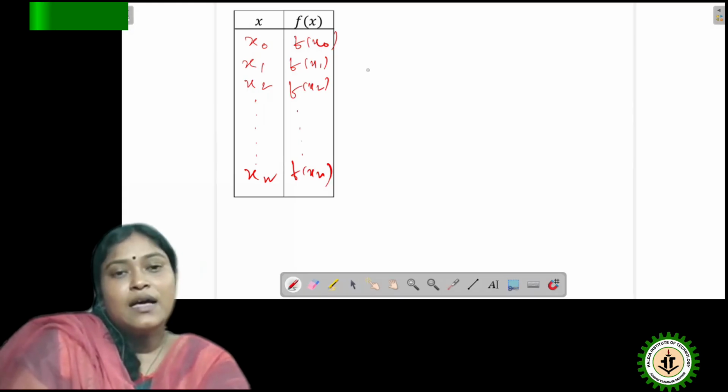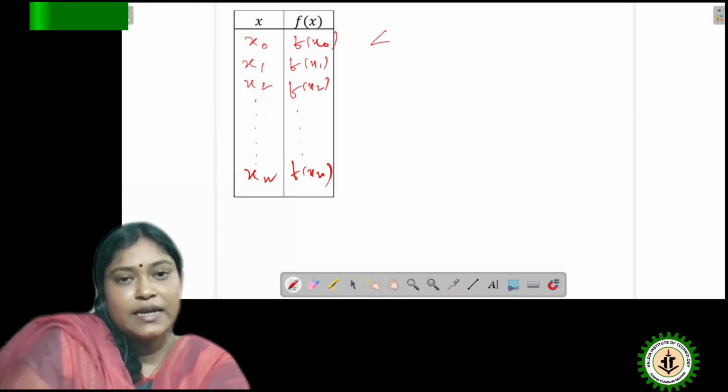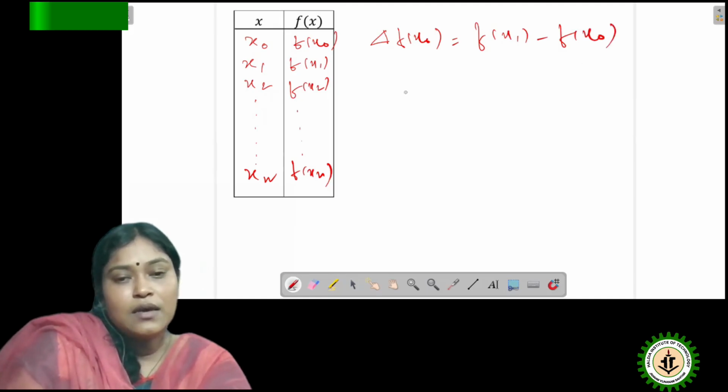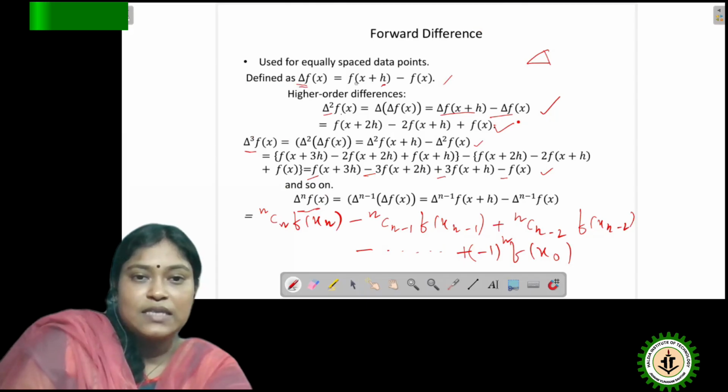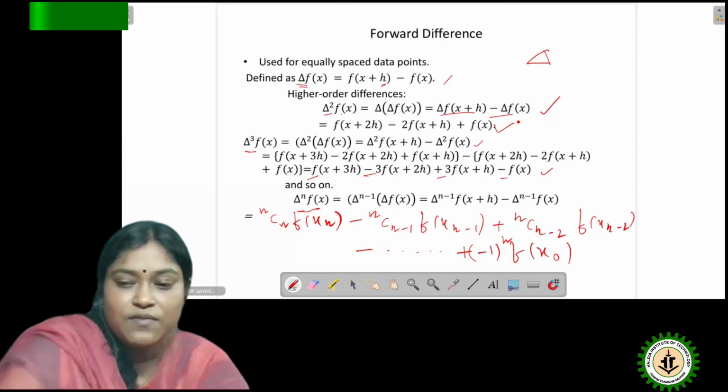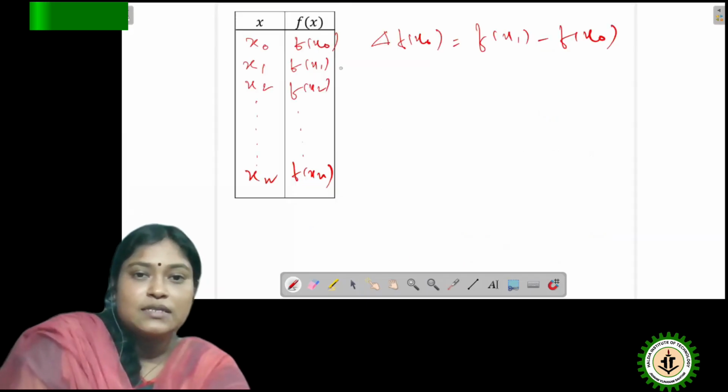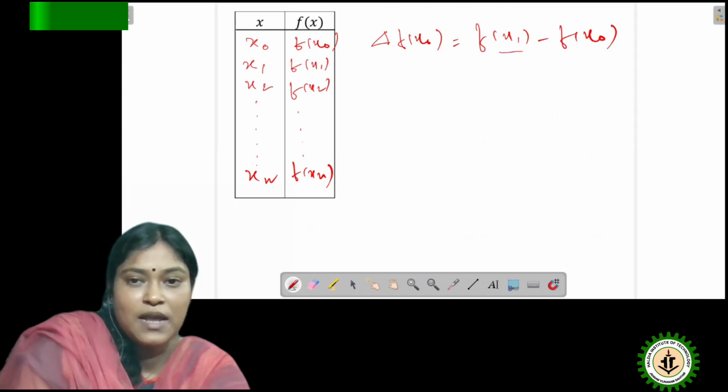From this given data, if I want to find delta of f(x0), which is nothing but f(x1) minus f(x0), since in the previous slide delta f(x) is f(x plus h) minus f(x), from this we can say that delta f(x0) is f(x0 plus h) minus f(x0).